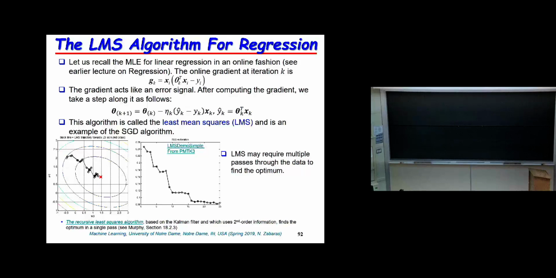So what drives this iterative update of theta is the error you commit at each point, multiplied by the point xk itself.